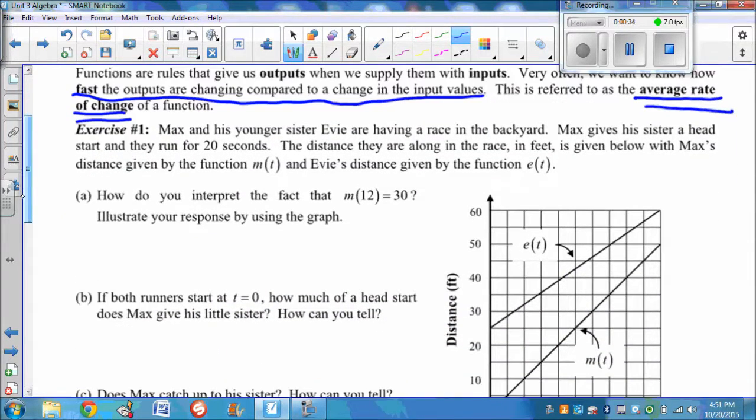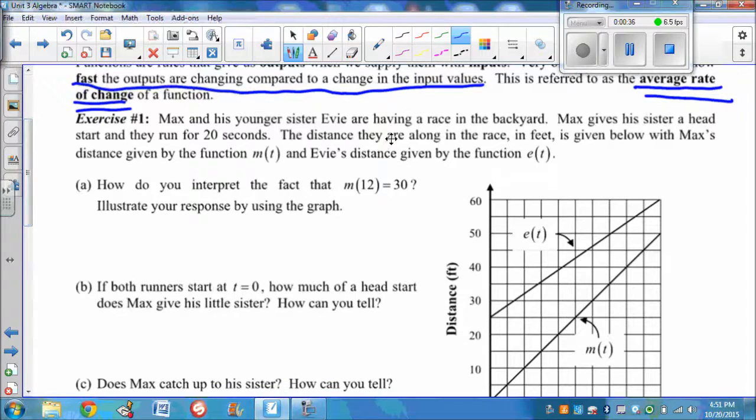So our first example says Max and his younger sister, Evie, are having a race in the backyard. Max gives his sister a head start. That's some key information. And they run for 20 seconds. That's another key piece. The distance they are along the race in feet is given below, with Max's distance given by the function m of t and Evie's distance given by the function e of t.